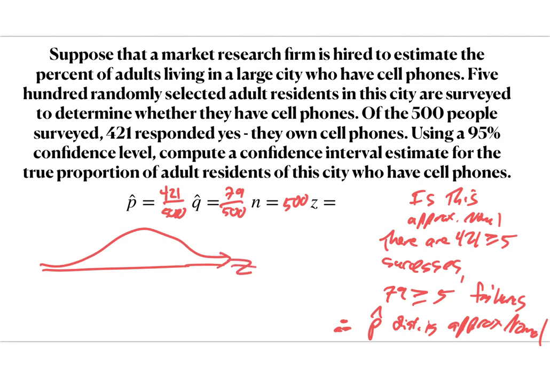Z, 95%. And we've done 95% a few times. 1.95996. There we go.